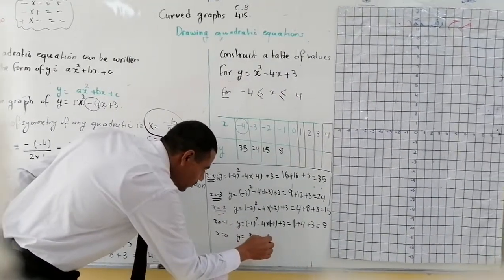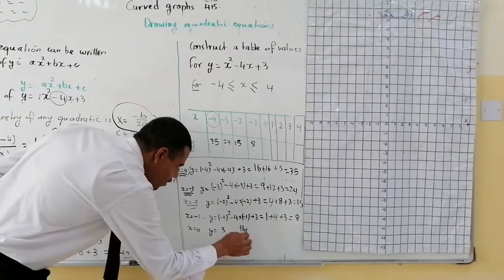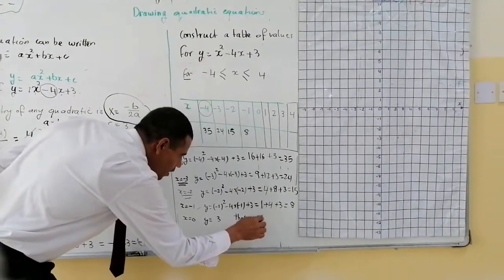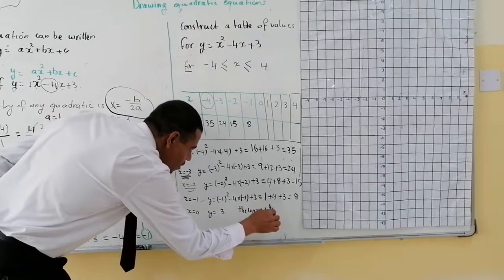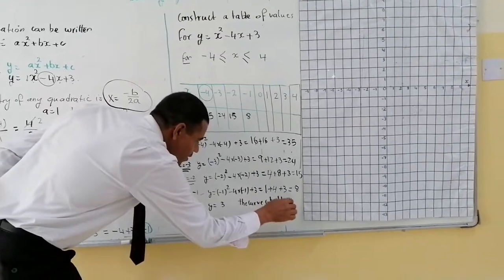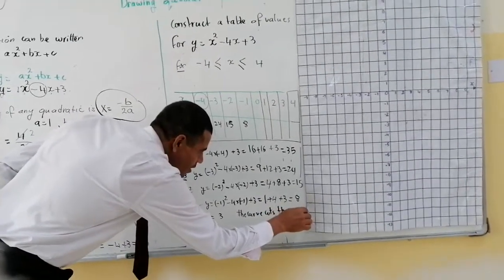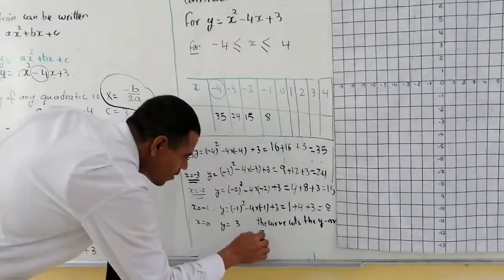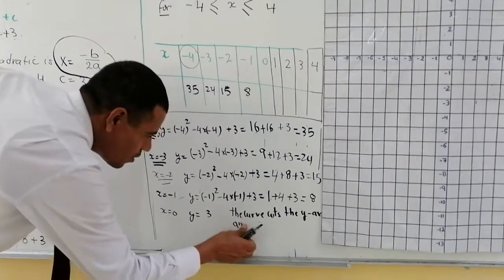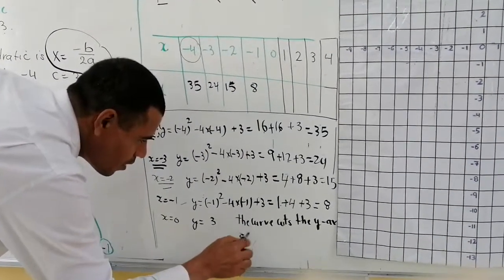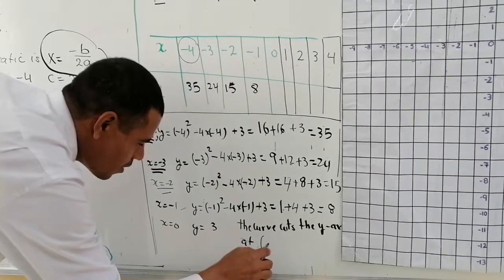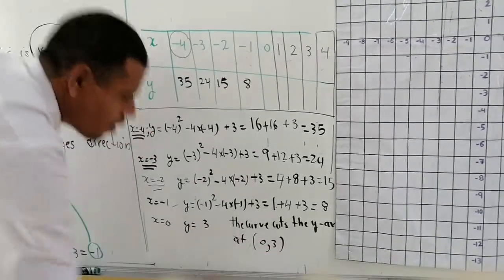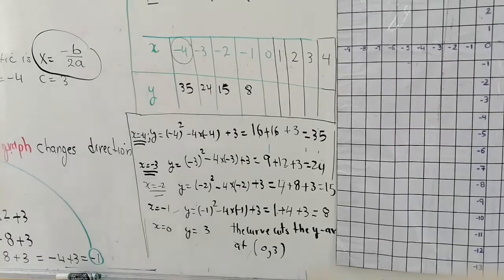This means that at this point the curve cuts the y-axis at the point of coordinates (0, 3).